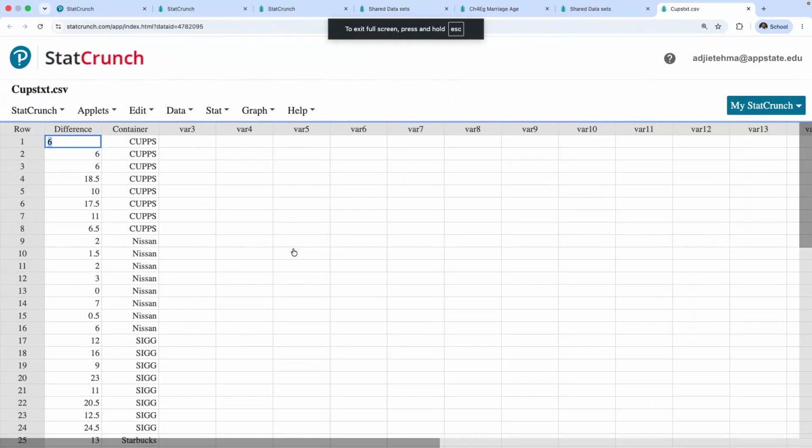Have we all been able to load the data? Anybody struggling to load the data set? Okay. So let's find the 5-number summary first.